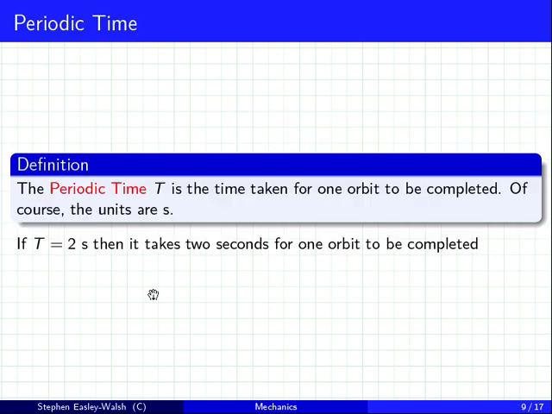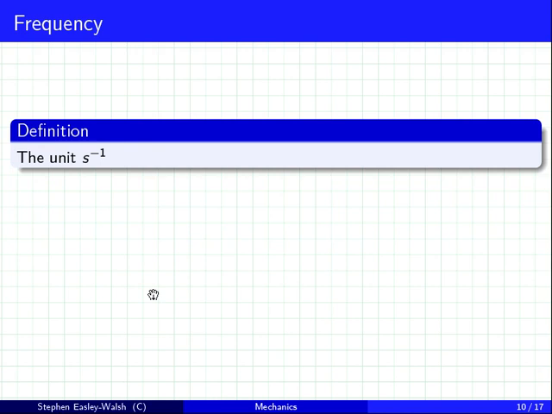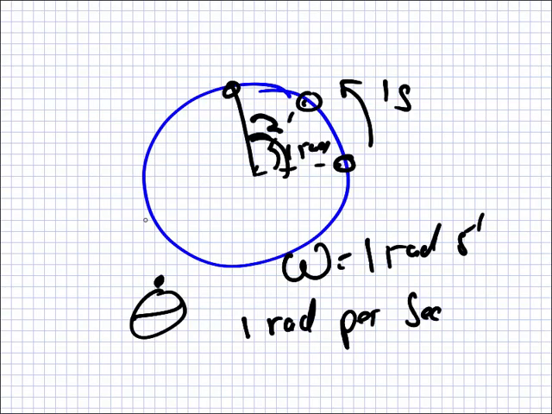Pretty straightforward, right? Now, the unit per second has a special name. We've seen in physics that sometimes when you have units, you can give them new names. For example, newton meter is also called joule, very good.